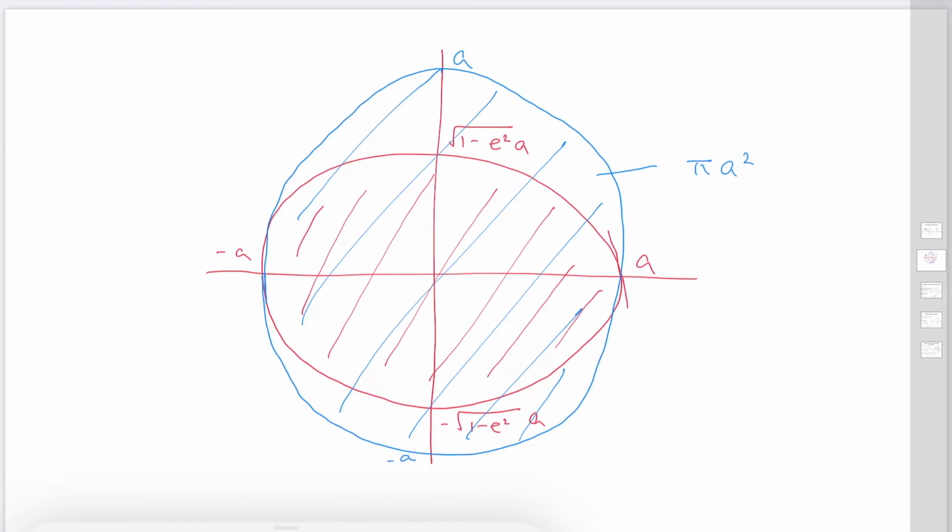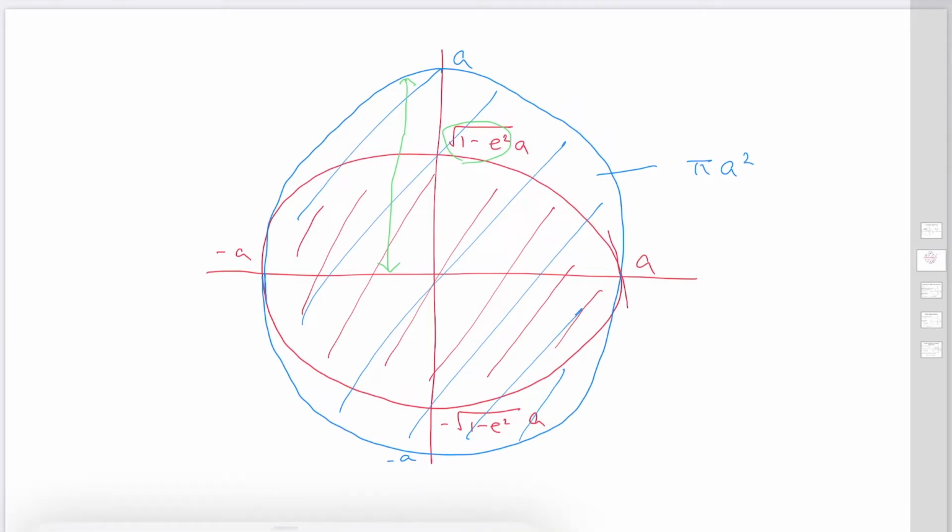Then this ellipse is compressed in the y-axis by a factor of square root of 1 minus e squared.